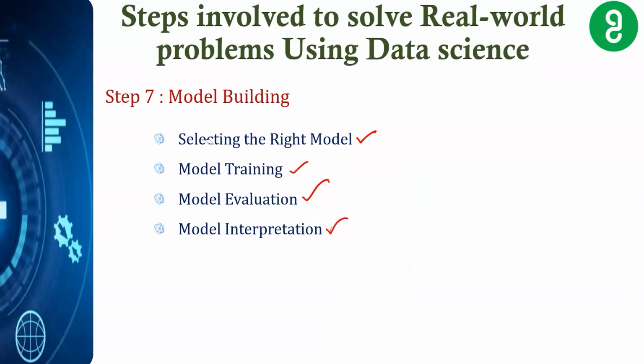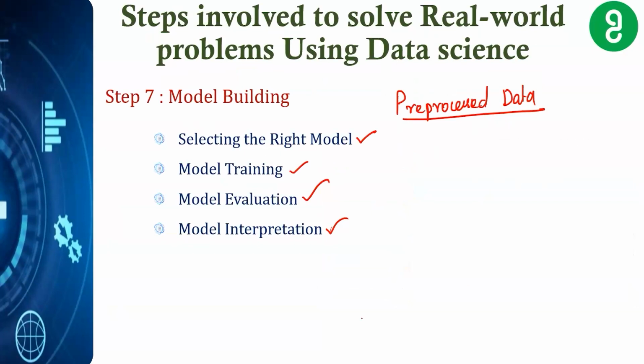Under model building, once you have the finalized, pre-processed data, what do you have to do? You have to train your model, right? That is machine learning. Data science is a combination of all such important trending technologies.